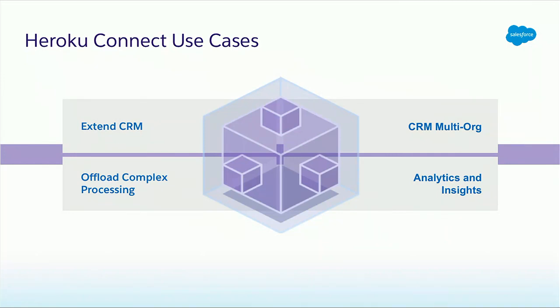If it's computationally intensive, if I want to isolate the performance, or let's say the resources needed to compute that logic from my CRM, well, I'll model that in Heroku. I've got a choice of a number of languages, development, buildpacks, etc. And I can seamlessly integrate that with my process in Salesforce. So that's an extend CRM use case.